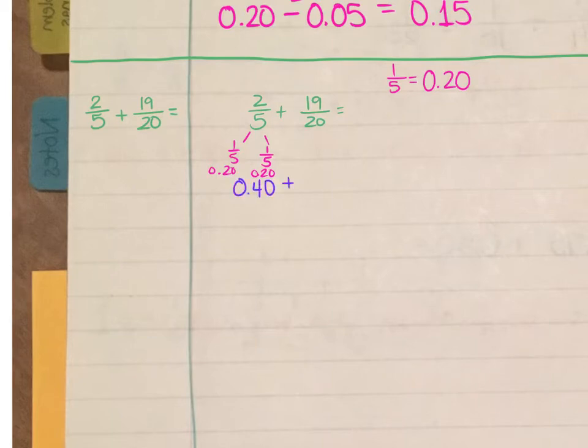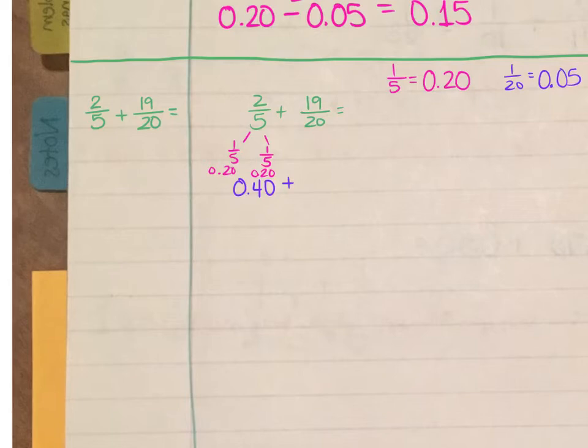Now we need to figure out how much 19/20 equals in cents. So 1/20 equals how many cents? 5 cents. So we need to take that 19 times. There's 2 ways you could do this.